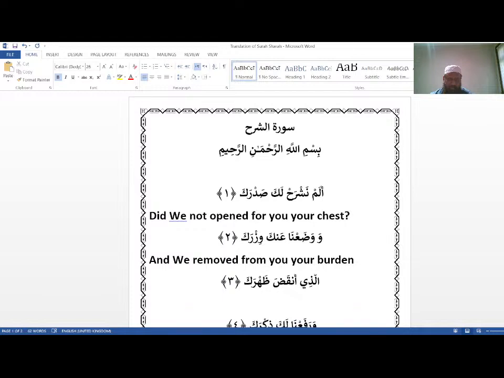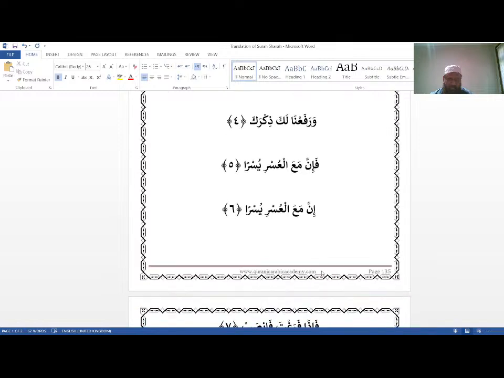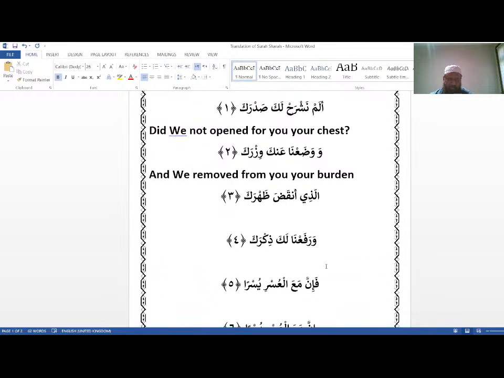So this is the beauty of the Quran. We cannot do this in any other language, even Arabic, or any other textbooks. This is the Quran. Instead of putting alam nada all the time, putting alam for all of them, or rafa'ana, again putting alam here, we don't need that.